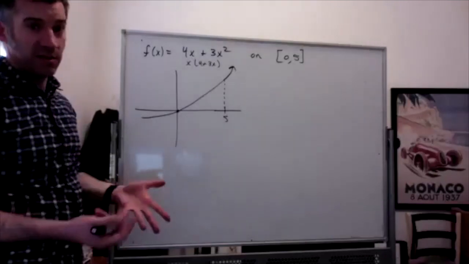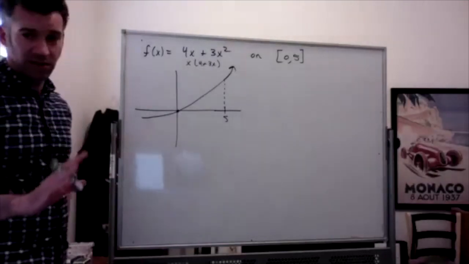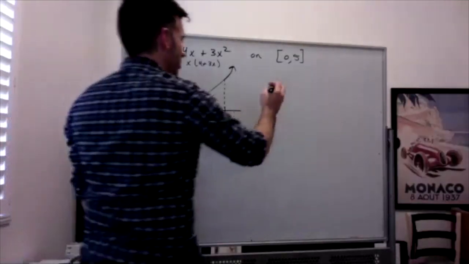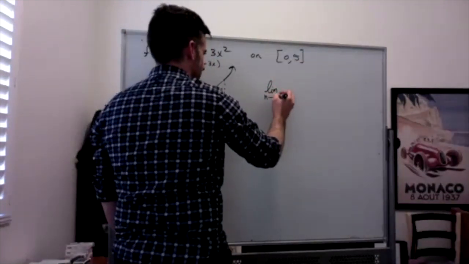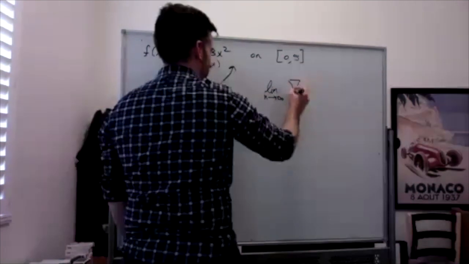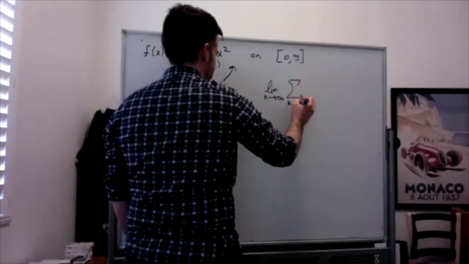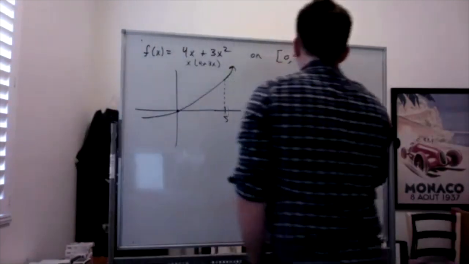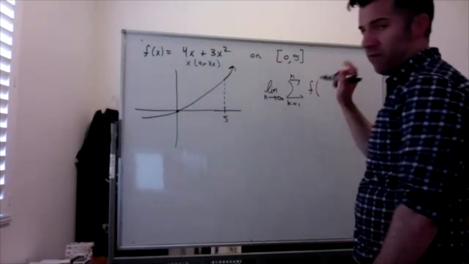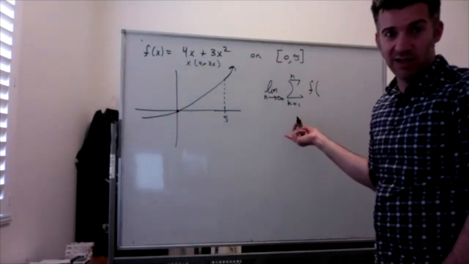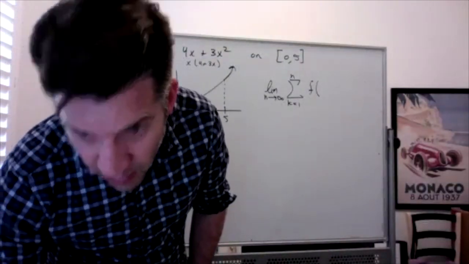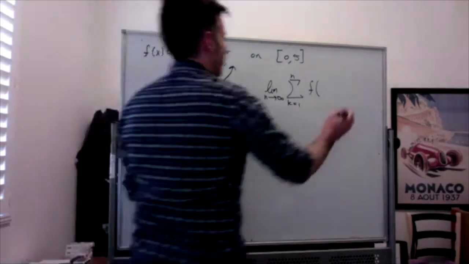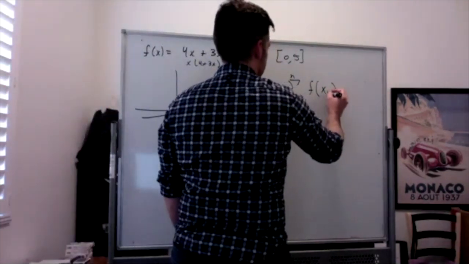So again, I'm going to do the same thing. Here's what I really want to start with. We're trying to find the limit as n goes to infinity of the sum from k equals 1 to n of f of the thing you're plugging in to find the height. We usually call it x sub k.